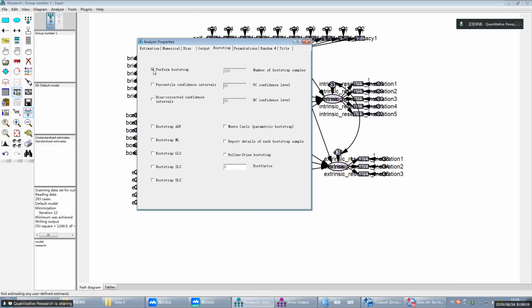Here you perform bootstrap by 2000 times, or 5000 times. But here I just use 2000 because if you use 5000, it's going to take longer for analysis.